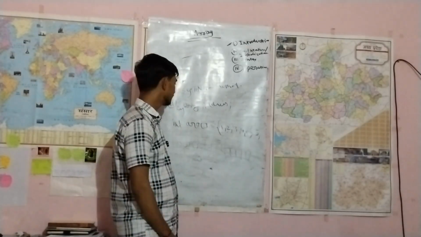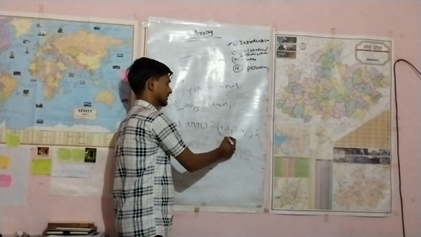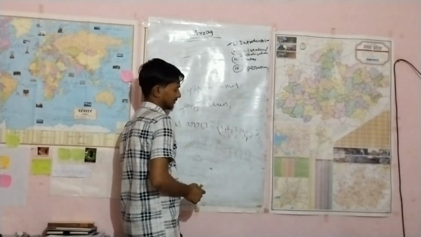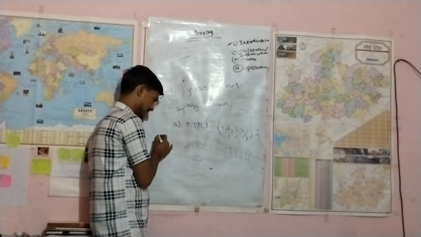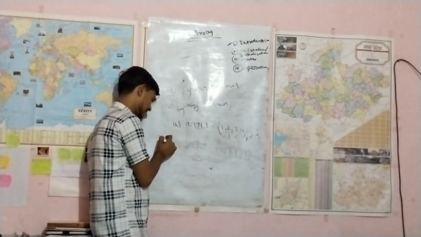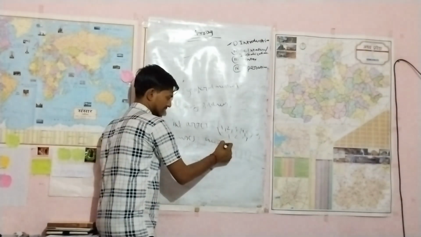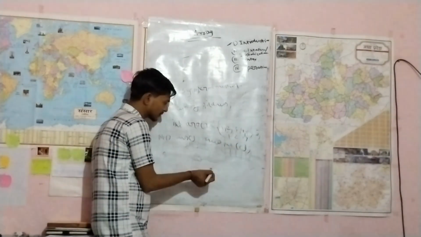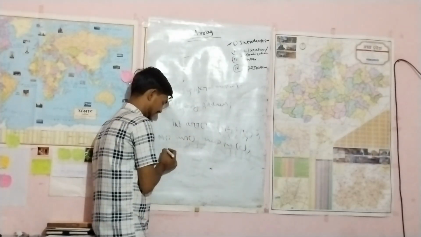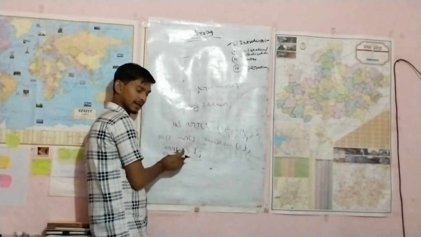And second is by using the address. As I already told you, indexing starts from 0, 1, 2, 3 and 4. So you have to declare the array: int array equals new int of size 5. Then you initialize by using the address, like putting value 1 at index number 0.